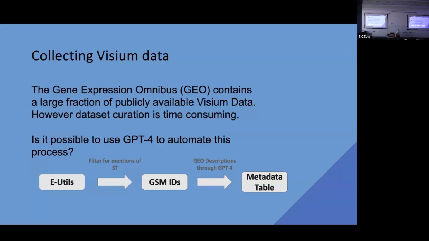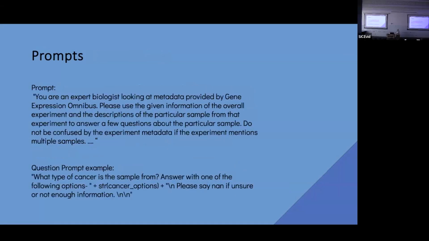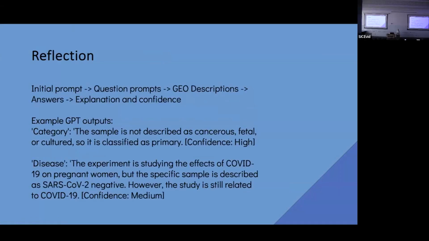Fortunately, he asked another student in my lab who works on text mining to help him, but just with some prompt engineering, we were able to collect all the metadata from the Gene Expression Omnibus and curate it. For people that are familiar with this, there are 2 techniques from prompt engineering that we used: general prompts and also reflection, where you ask the system afterwards to tell you why it chose the answer and how confident it is.